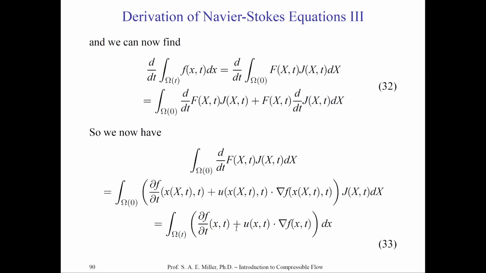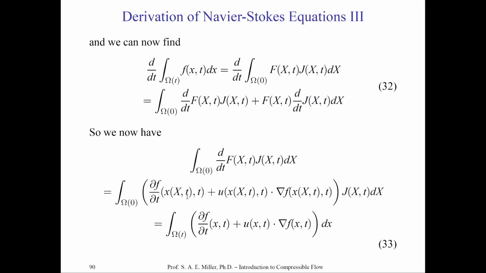Now we can continue, and we can try and write the same left-hand side of 31 equals the ordinary derivative at Omega 0 of fJ dX, which is equal to, by moving that ordinary derivative inside and differentiating, the first term and the second term respectively.